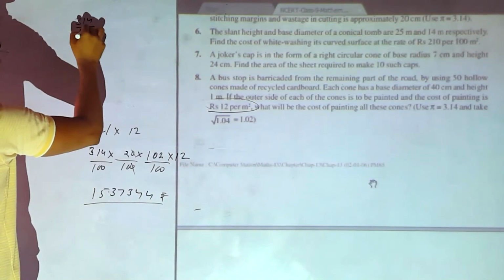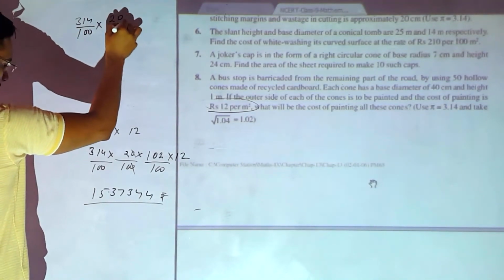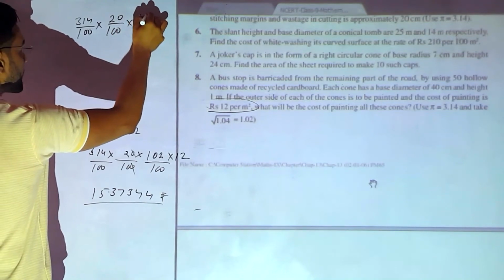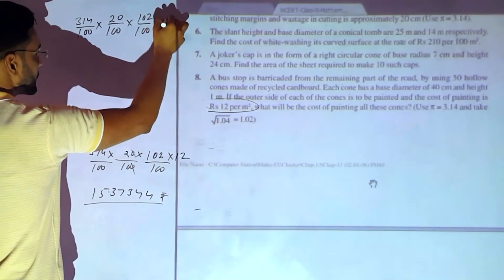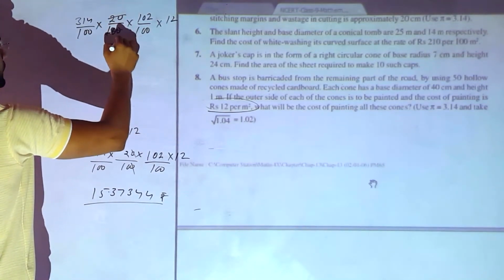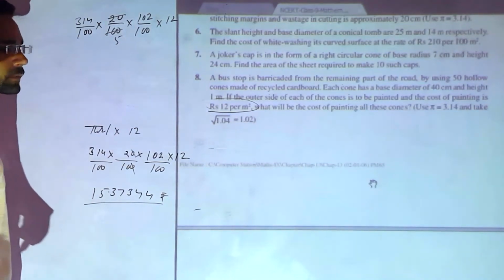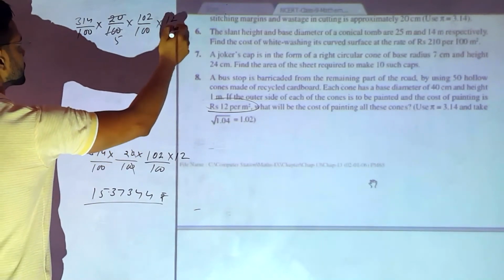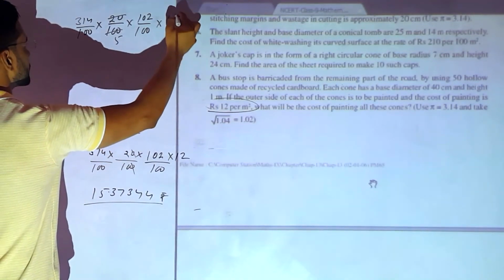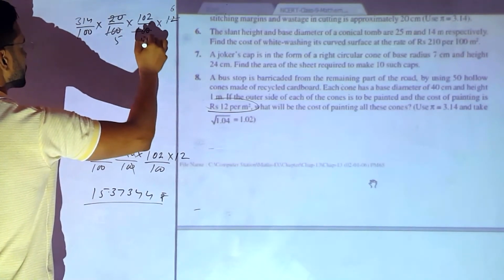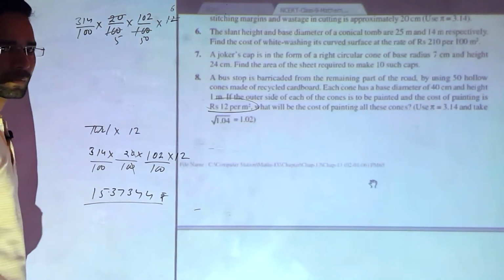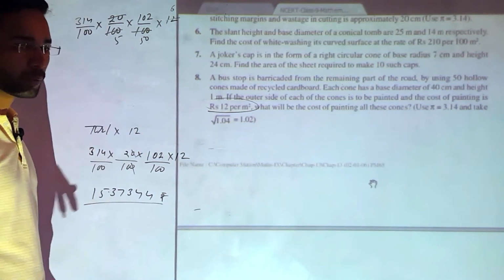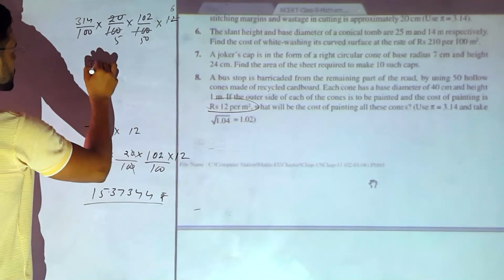Let's see once again. This one cancels out first. If you want, otherwise you can do it also like this.